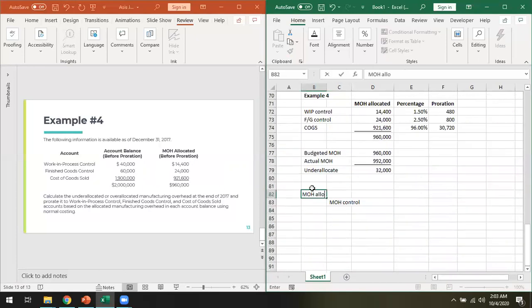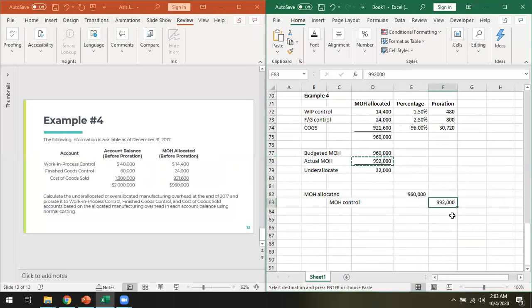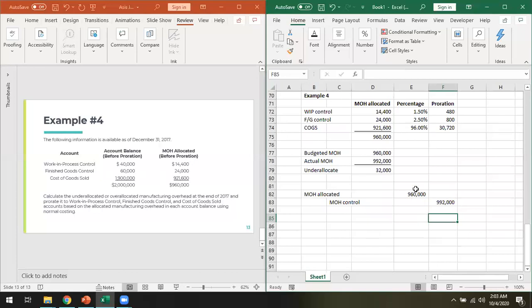Manufacturing overhead allocated. Put the number here. Because the credit side is bigger than the debit side, we put this account on the debit side, so it will be balanced.